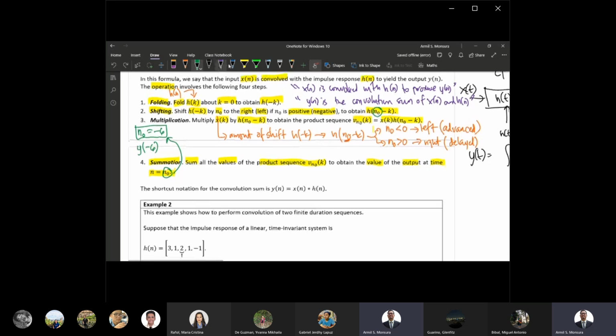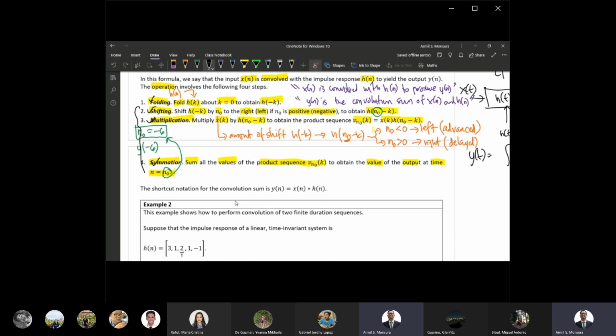So again, the four steps in the implementation of the convolution sum algorithm are folding, shifting, multiplication, and then summation. Now, you repeat steps 2 to 4.